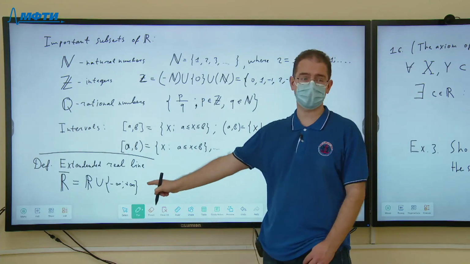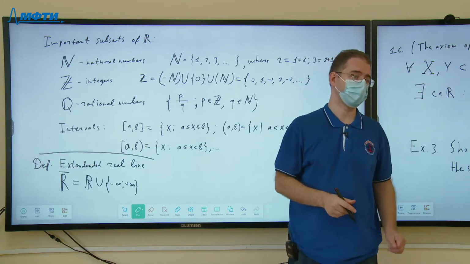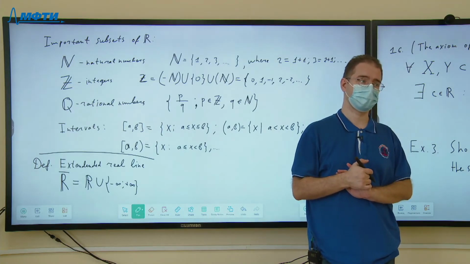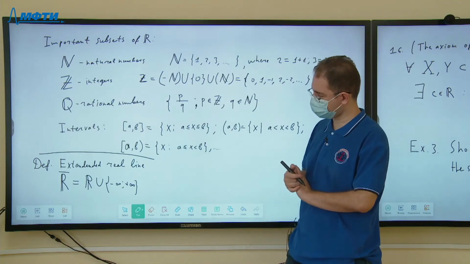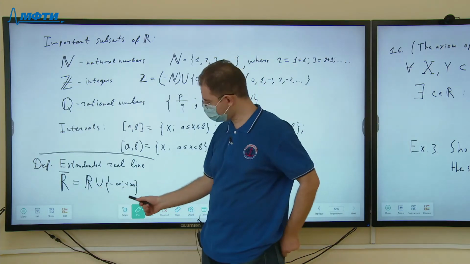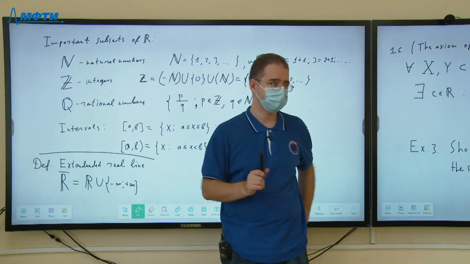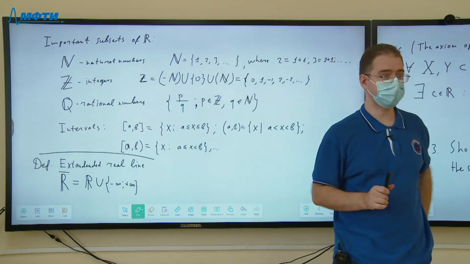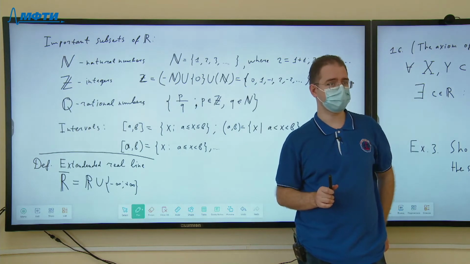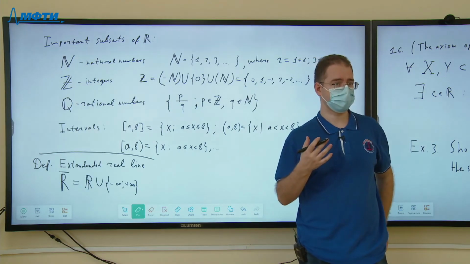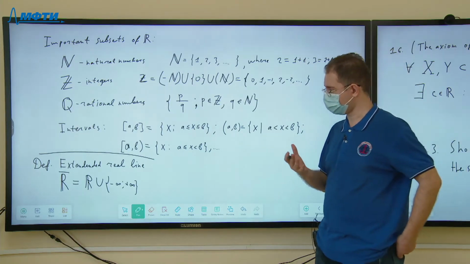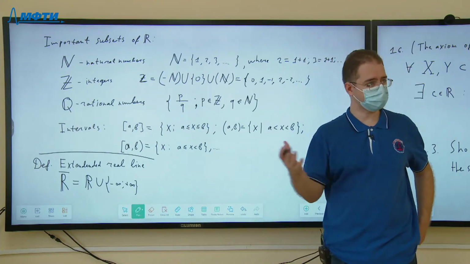This extended real line does not have well-defined addition and multiplication. Basically for real numbers everything works the same, but these new symbols do not participate in addition and multiplication, but the inequality is defined for them.